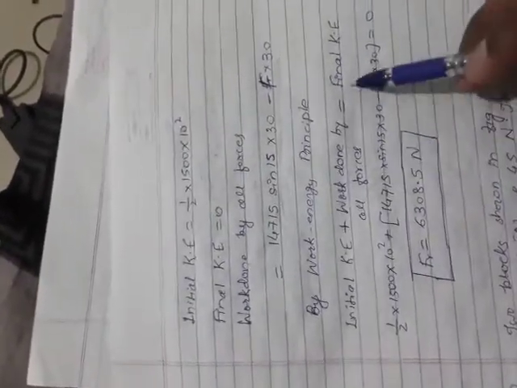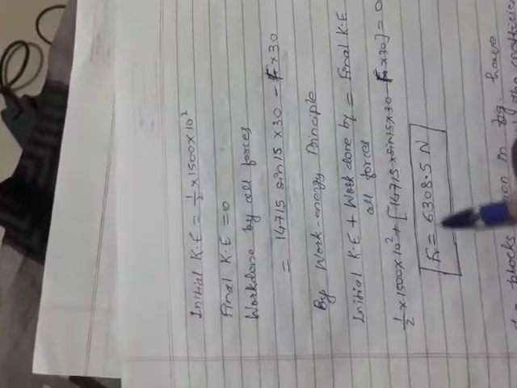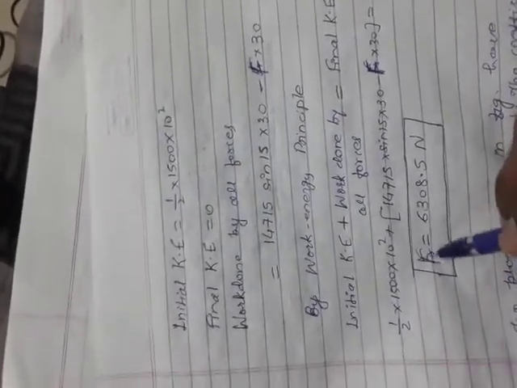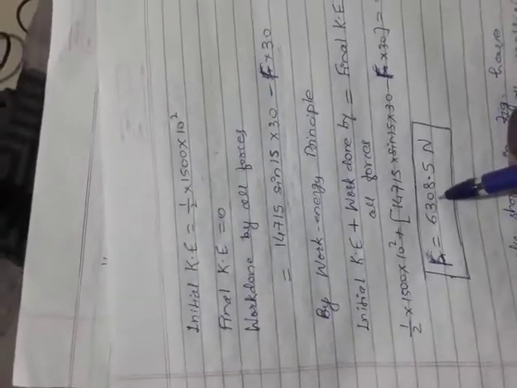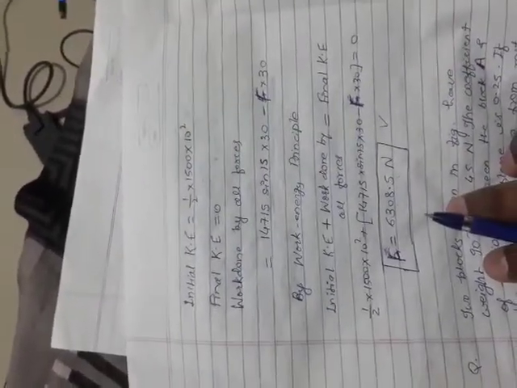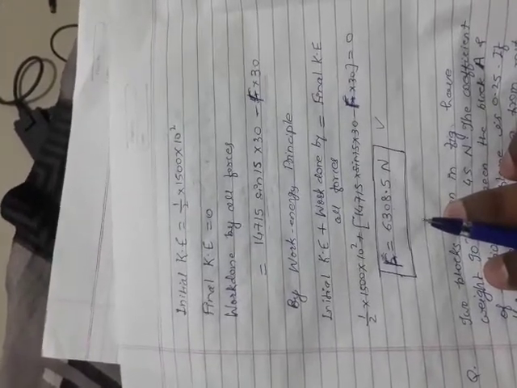Now again by the work energy principle, initial kinetic energy plus work done by all forces equals final kinetic energy. I am going to put in all the values and calculate the F value, the force which should be applied. So I will get F as 6308.5 Newton. That is the force I should apply to stop the car after traveling a 30 meter distance.